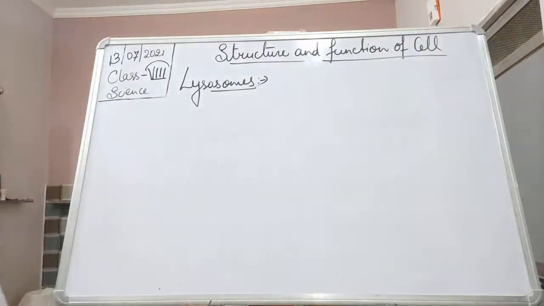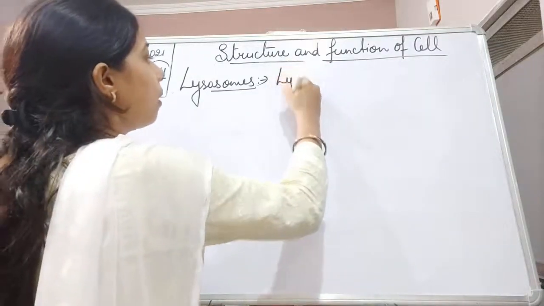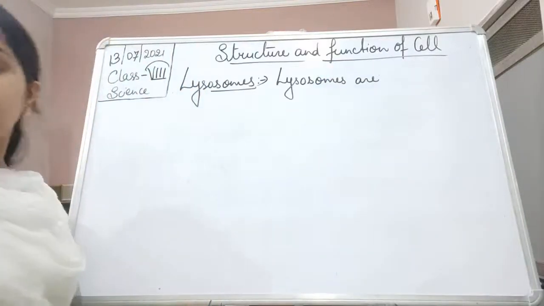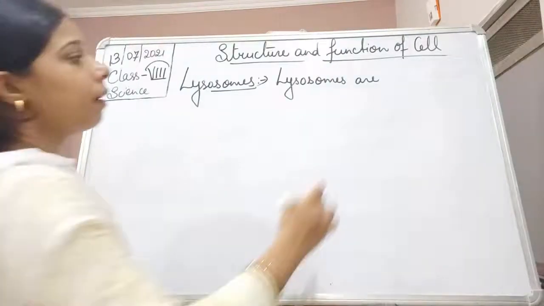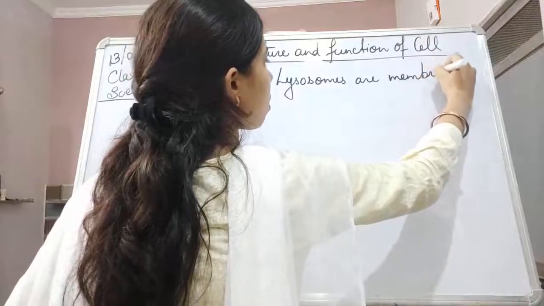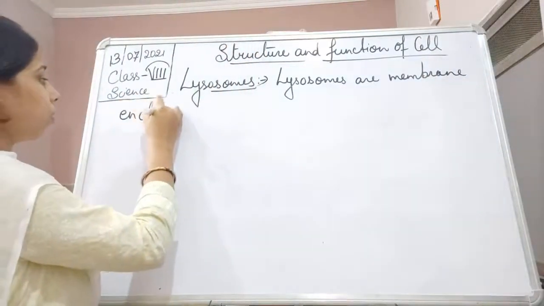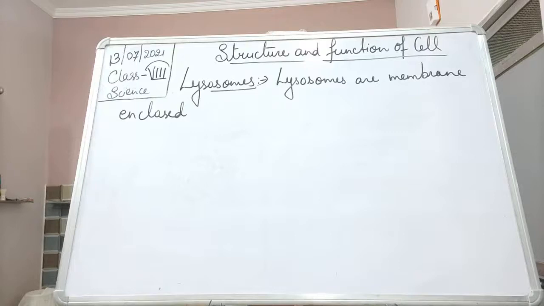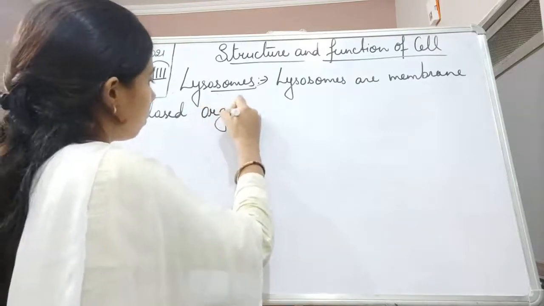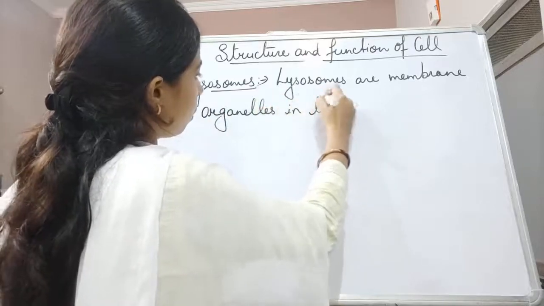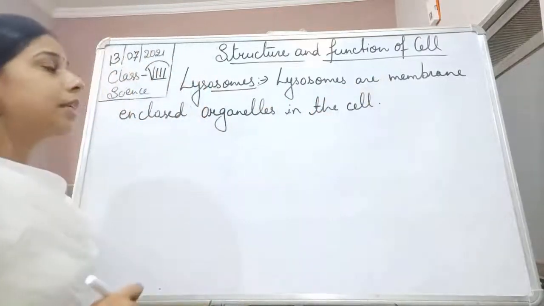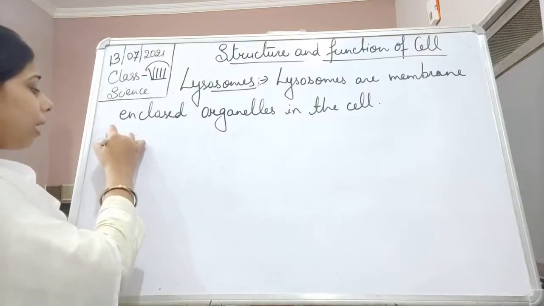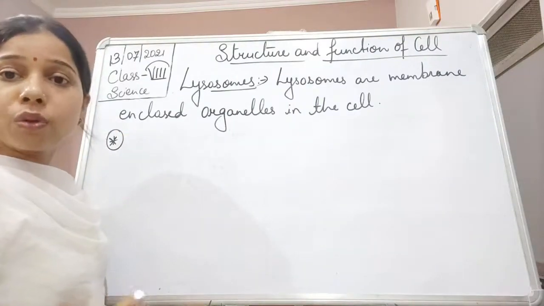So we can write here the first point in case of a lysosome, students, that lysosomes are membrane enclosed organelles in the cell, and these organelles we will call a storehouse of the digestive enzymes.